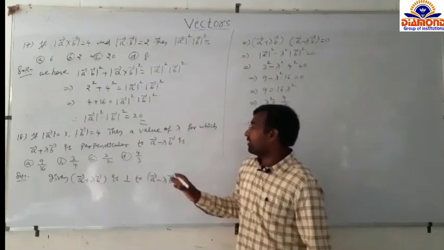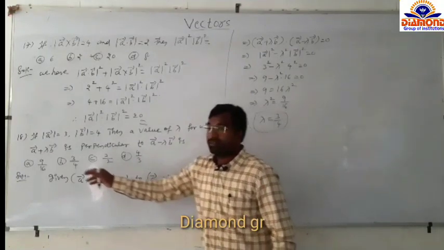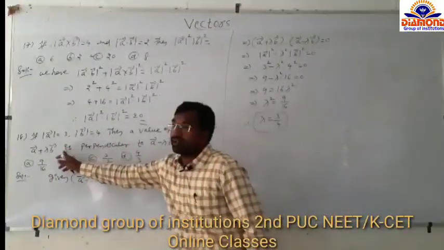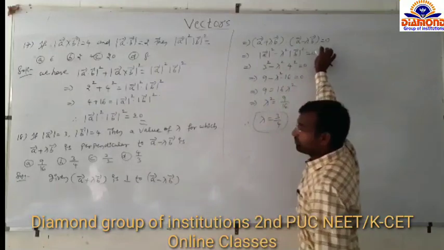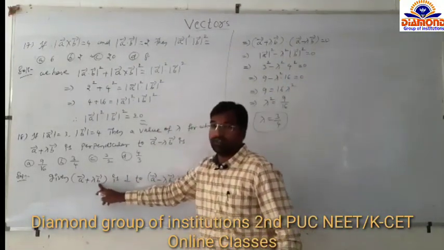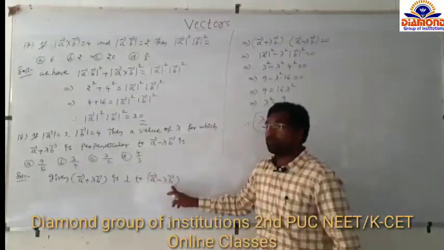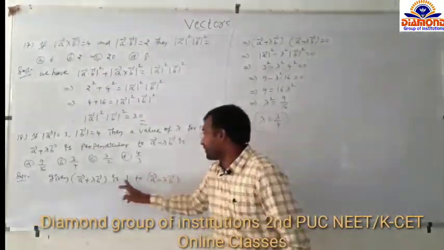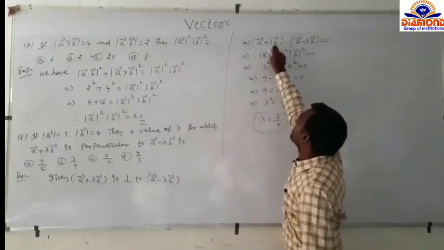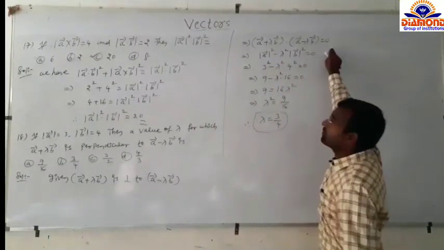So we have to find out the lambda value for which these two vectors are perpendicular. If two vectors are perpendicular, its dot product is 0. So what is the first vector? A plus lambda B is the first vector. Second vector is A minus lambda B. That's why its dot product is 0. A plus lambda B dot A minus lambda B equal to 0.